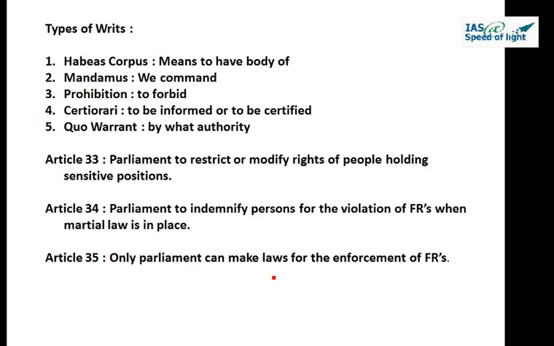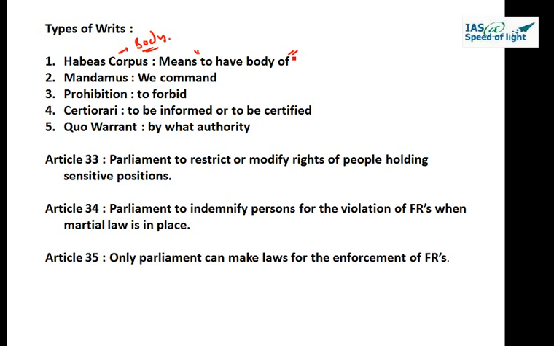Okay, so these are the differences between the writ issuing power of the Supreme Court and that of High Courts. Let's talk about the different types of writs we have studied in part 2 of Article 32: habeas corpus, mandamus, prohibition, quo warranto, certiorari. The first one is habeas corpus. Corpus is a Latin word which means body. Habeas corpus literally means to have the body of. So a higher court, for example the Supreme Court, is asking for the person.